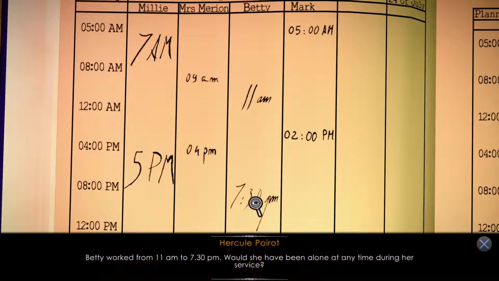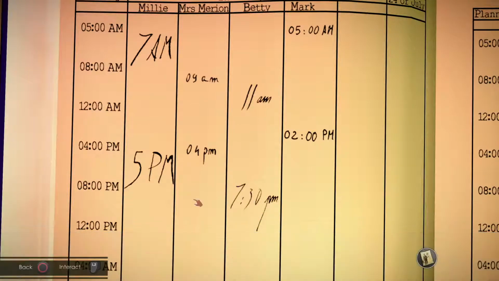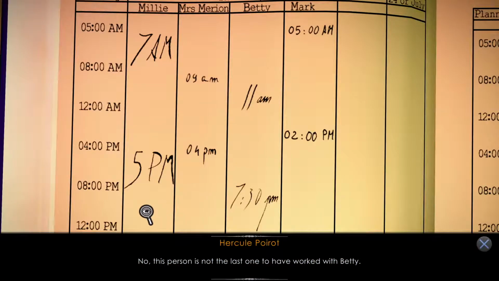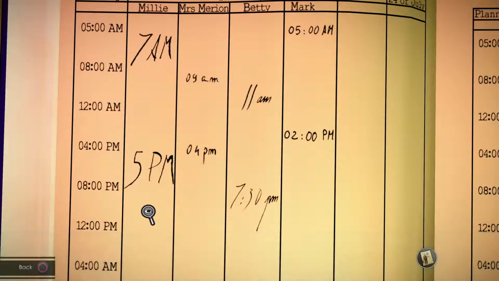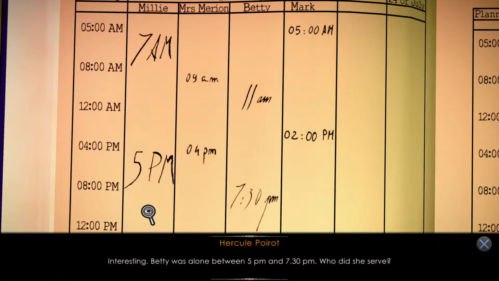Betty worked from 11 a.m. to 7:30 p.m. Would she have been alone at any time during her service? No, this person is not the last one to have worked with Betty. Interesting. Betty was alone between 5 p.m. and 7:30 p.m. Who did she serve?